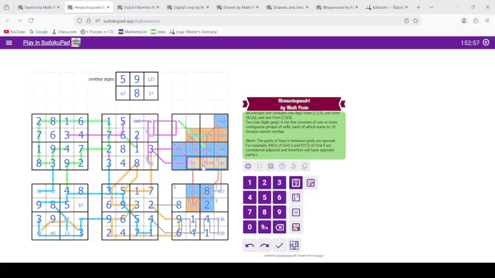If this was missing a 1, this would be 3, 9. That'd be a 3. This would be a 5. 5, 3. 3 would be done. This would be 2, 4.